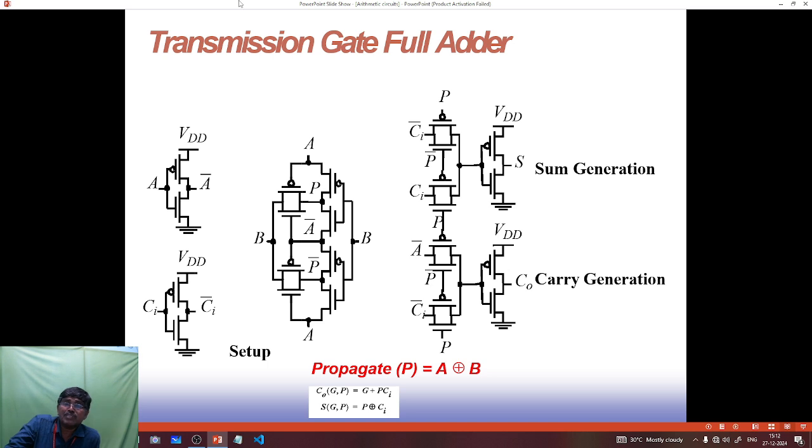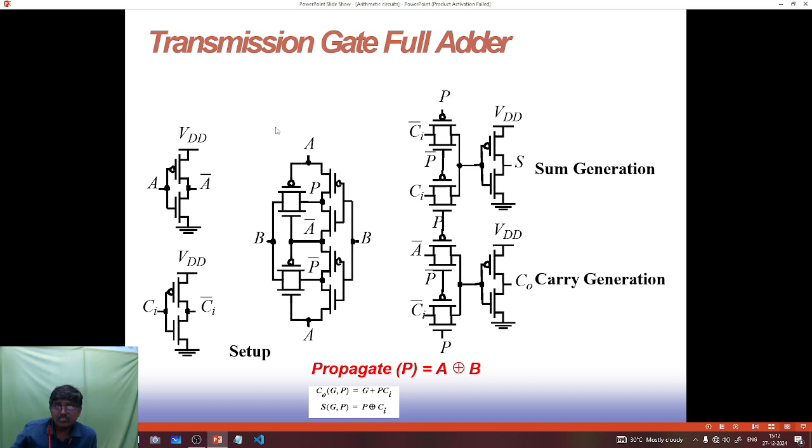So the transmission gate full adder has two outputs, one is sum generation and another is carry generation. The inputs are A and B and the carry input. These three are connected to the sum generation circuit and we get the sum, and these three are also connected to the carry generation circuit and we get the carry output.